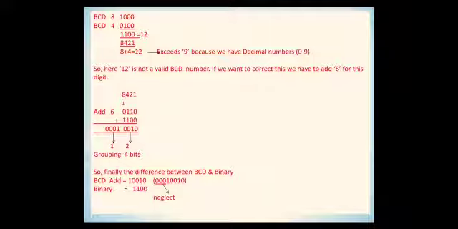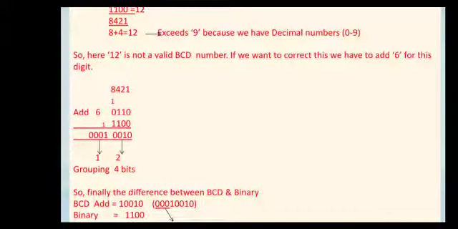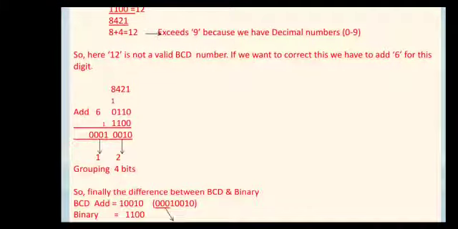Next, we add 6, converting the decimal number to its equivalent binary value. Here we are adding 12 and 6. Observe it here. 0 plus 0 is 0, 1 plus 0 is 1, and 1 plus 1 is 0 and carry 1.